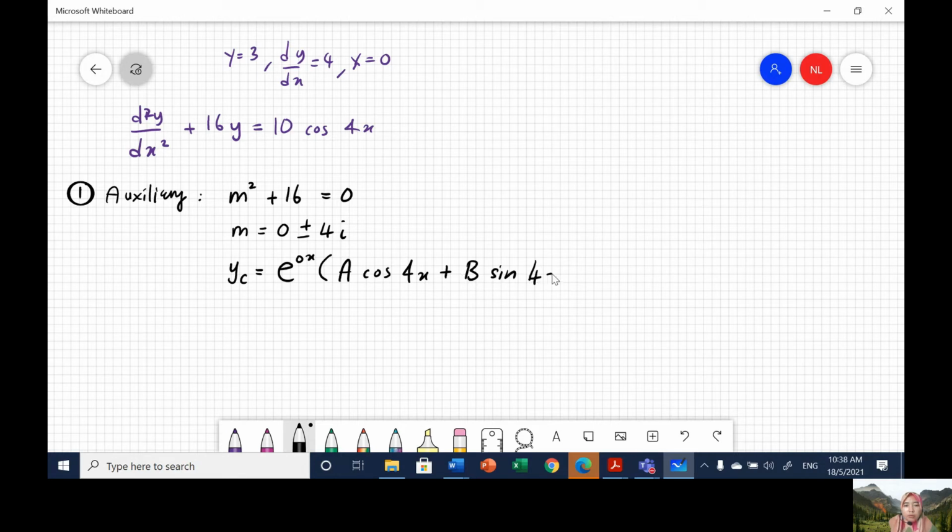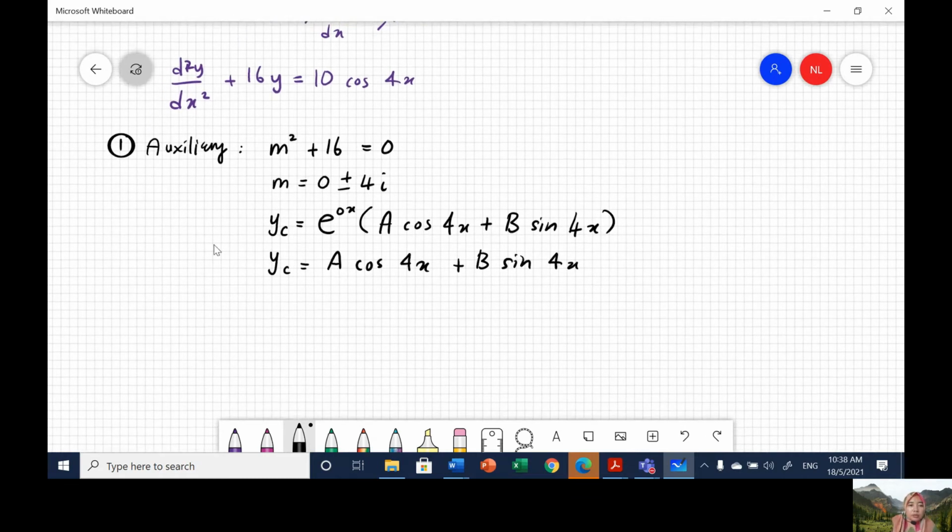Beta is 4. So e power 0 is actually 1, right? So it can be simplified like this. So we have reached the complementary function.